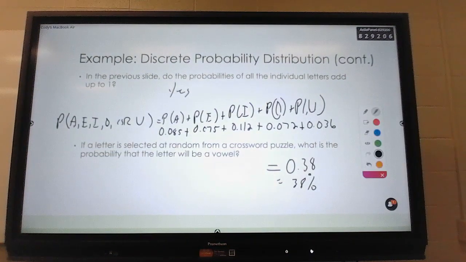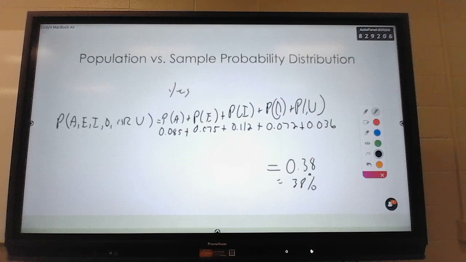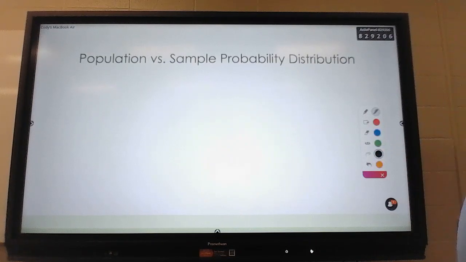Okay. Now, when we talk about probability distributions, just like probabilities using raw data, probabilities of values in a probability distribution can also have a population and a sample.